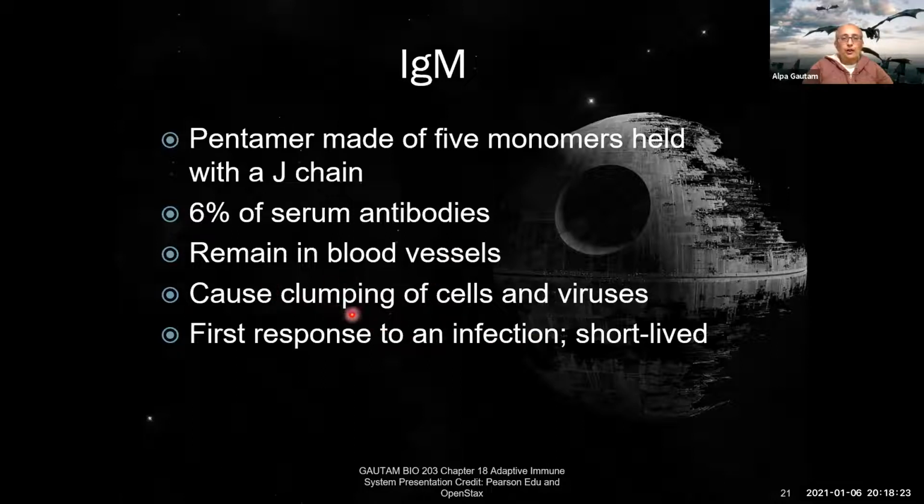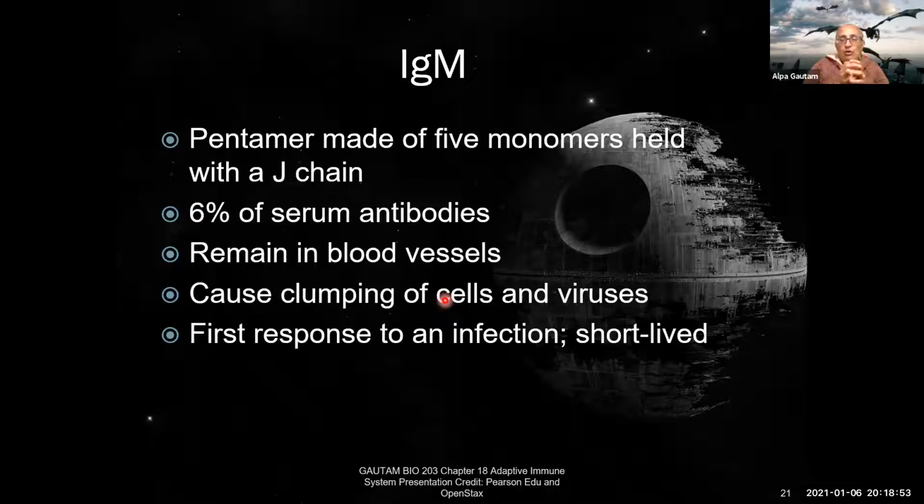What they do is they cause, well, it says clumping of cells. I can't think of another way to say it. What they will do is bind to their antigen and sequester it, if it's a cell or if it's a virus that it binds to.